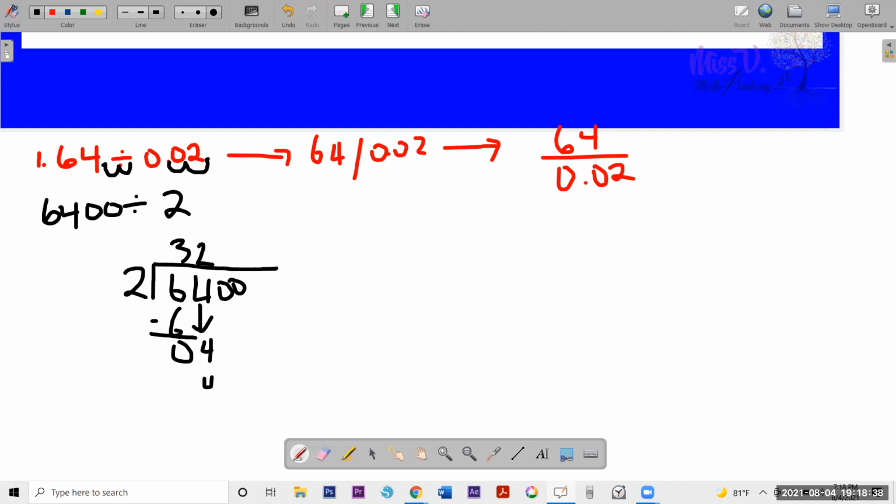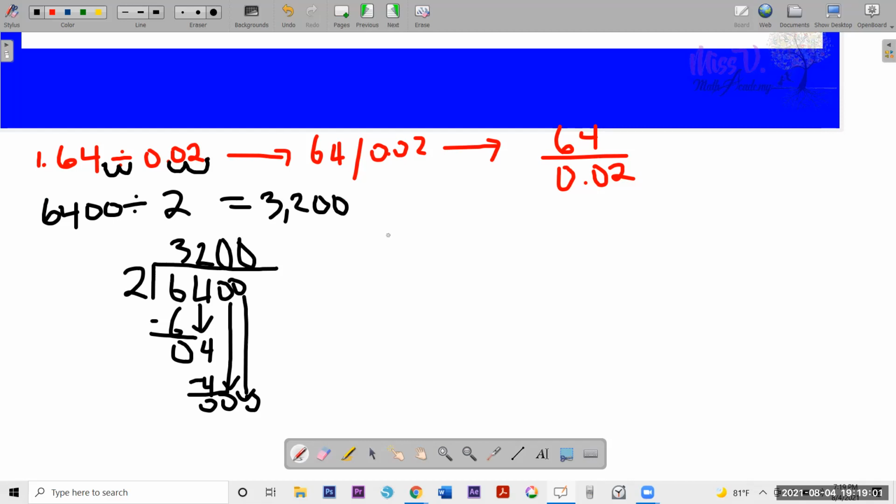Minus, 0, you bring down 0. But 2 into 0 goes 0 times. So you put the 0 here, boom. Same thing here, bring down the 0. 2 into 0 goes 0. So our answer is 3,200.